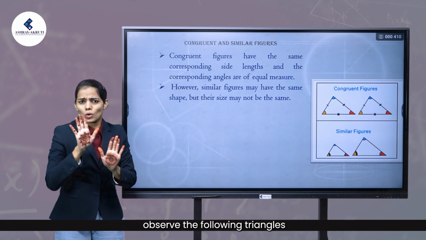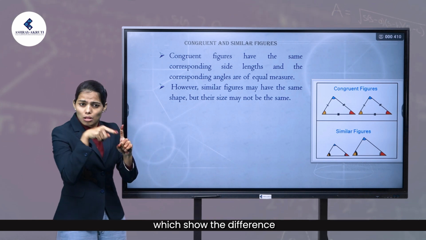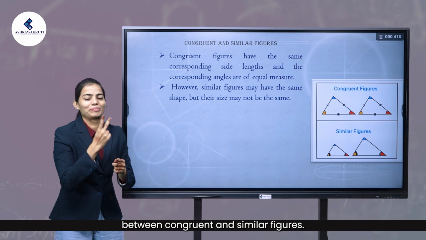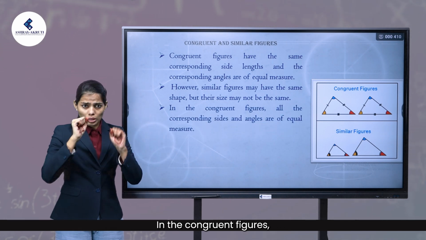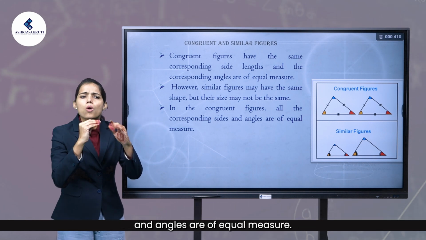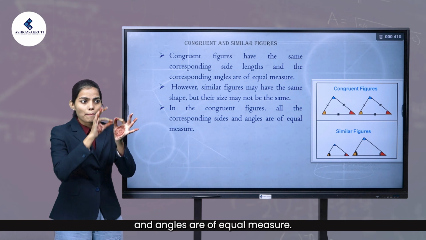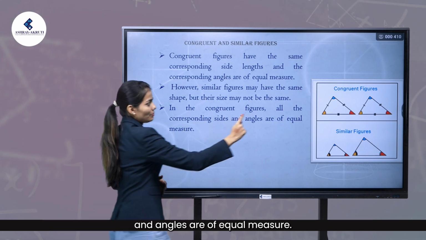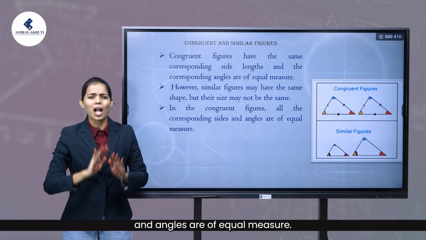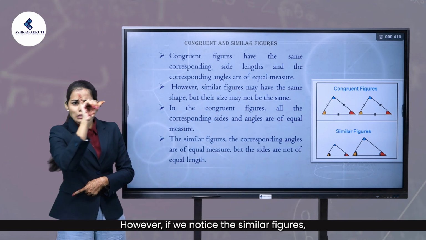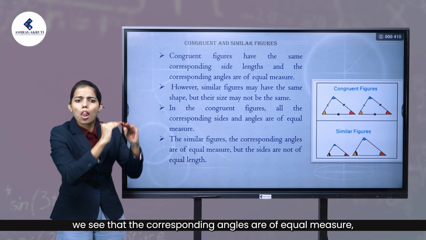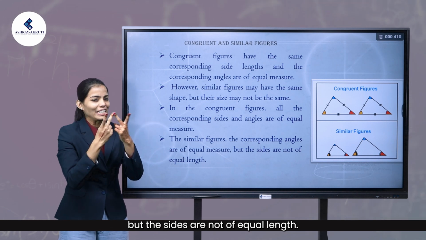For example, observe the following triangles which show the difference between congruent and similar figures. In the congruent figures, we can see that all the corresponding sides and angles are of equal measure. However, if we notice the similar figures, we see that the corresponding angles are of equal measure, but the sides are not of equal length.